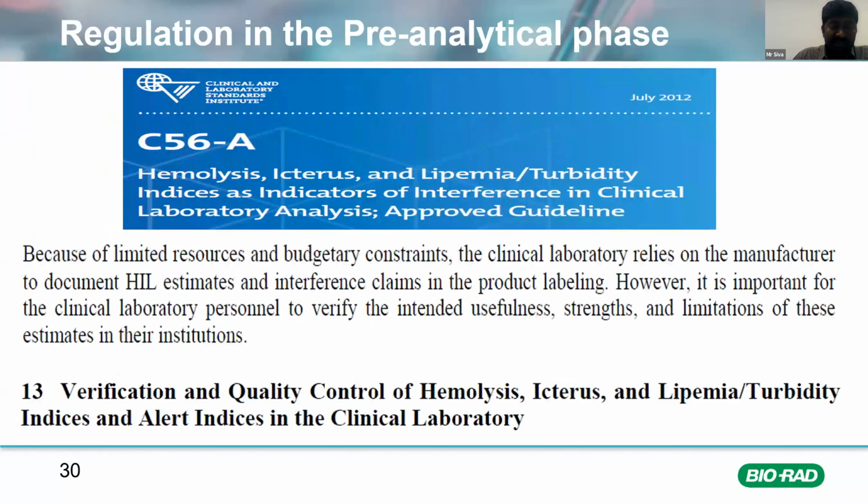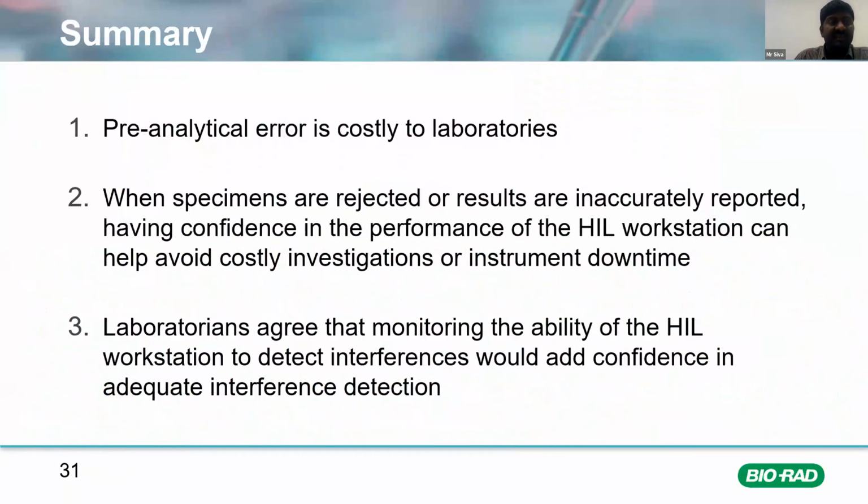Then from CLSI, we have C56-A, which gives guidelines for hemolysis and icterus, especially how the interference is supposed to be dealt with in clinical laboratory practice. So there is one point: verification and quality control of hemolysis, icterus and lipemia, turbidity indices and alert indices in the clinical laboratory. So it talks about dealing with all these interferences and indices.